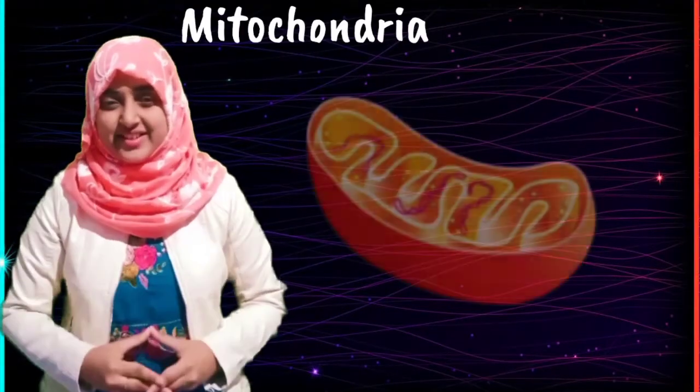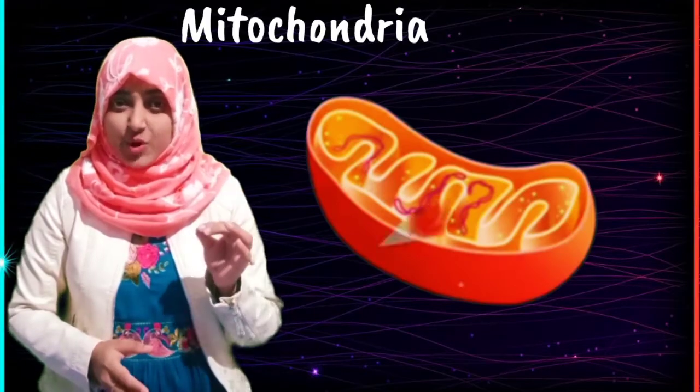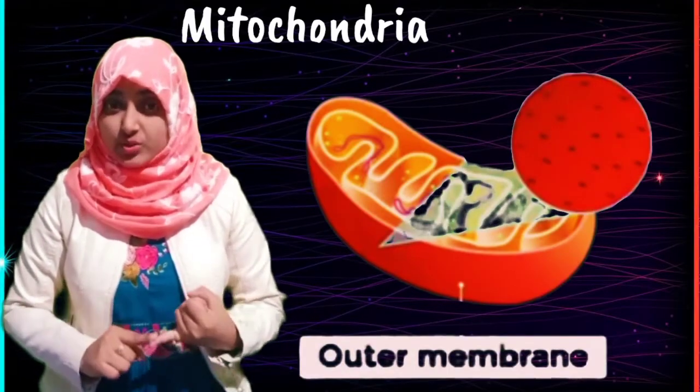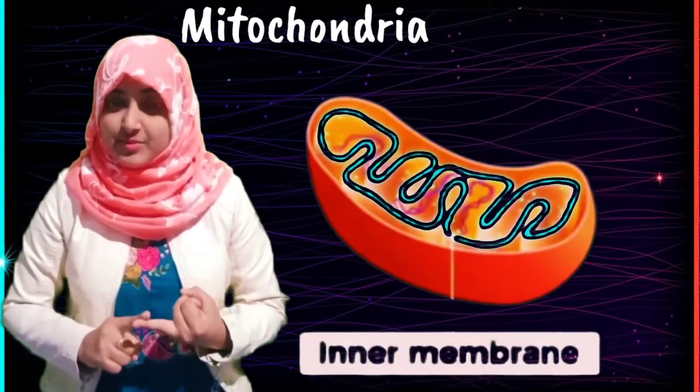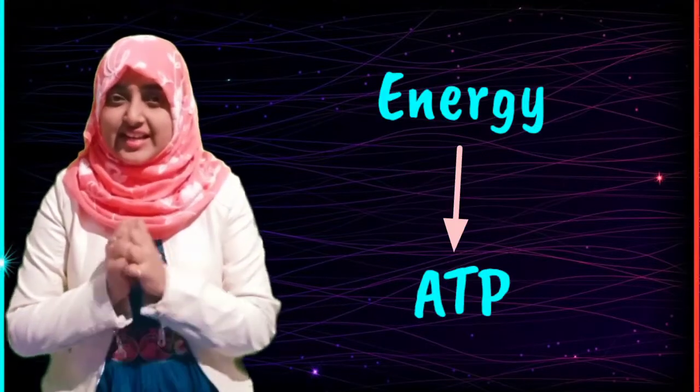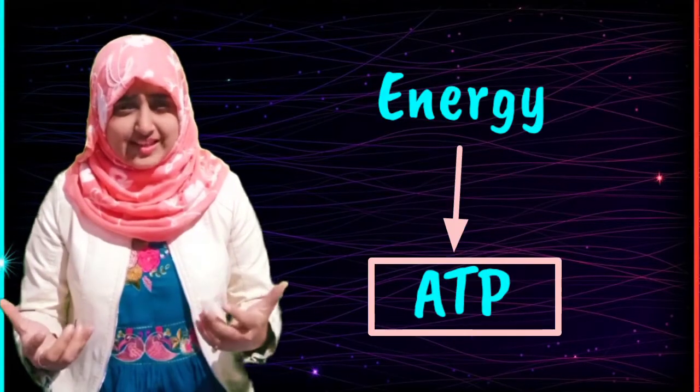Now let us look at the structure of the mitochondria. Well, it is made up of two membranes, the outer membrane and the inner membrane with foldings called cristae. It has its own genetic material and has lots of enzymes that produce the energy in the form of ATP.